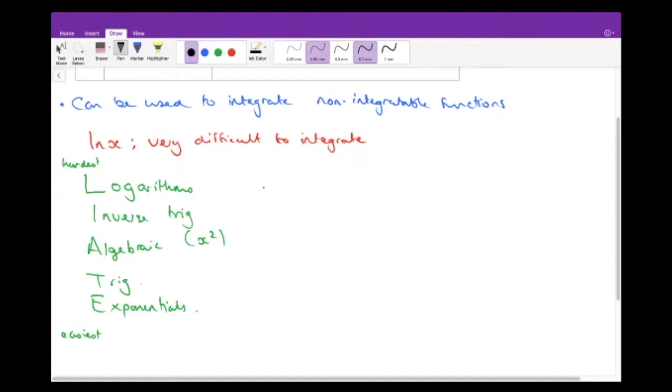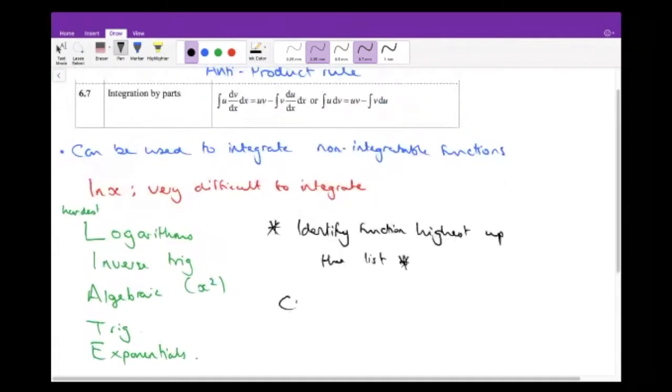So in any question, identify the function highest up the list. Now, the function that's highest up the list, we are going to call u.